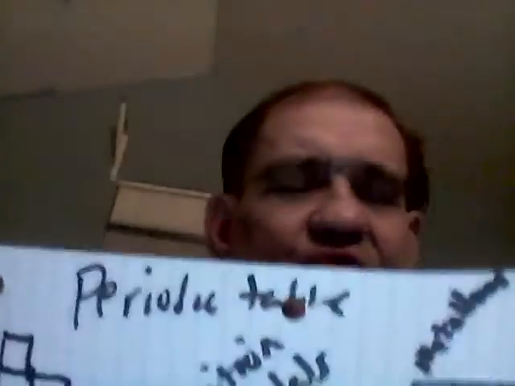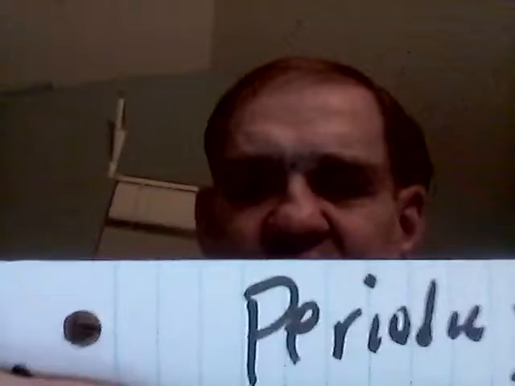The one and the two and the three, four, five all the way across. That number at the top is the atomic number. The atomic number is the number at the top. That's the number of protons that you have in the nucleus of that atom. And if it's got that many protons, most likely it will have the same number of electrons in the energy levels.